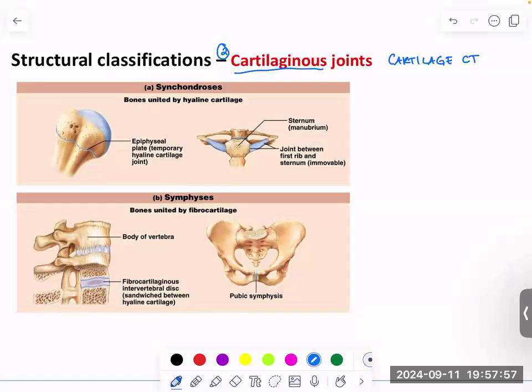Like this one, the one that attaches your first rib to your sternum. This is made of hyaline cartilage. If the joint is made of hyaline cartilage, most of the time, it's going to be synarthrosis. You do not want that joint to move.